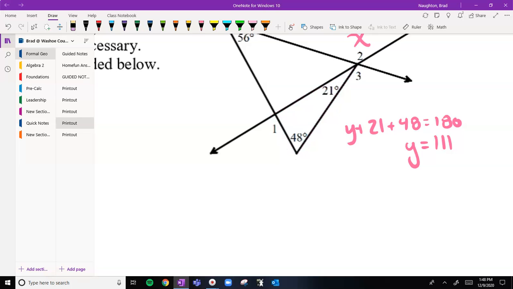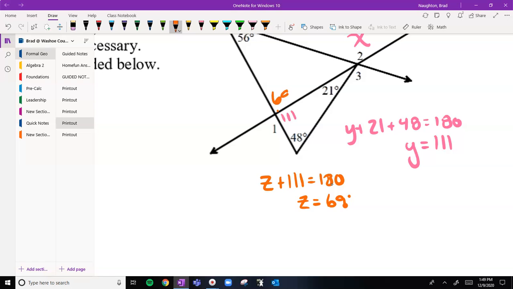So now that I know that this is 111, I'm going to say, okay, this right here is a straight line. So we have a linear pair. So we'll call this Z. Z plus 111 is equal to 180. So Z is going to be 69 degrees. Cool.